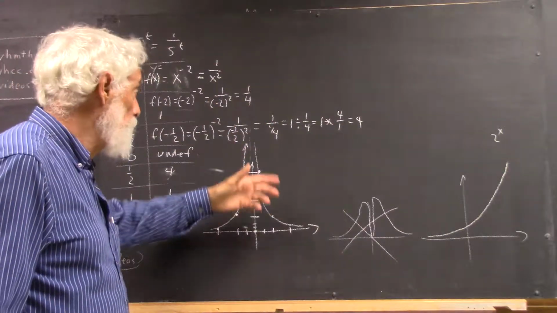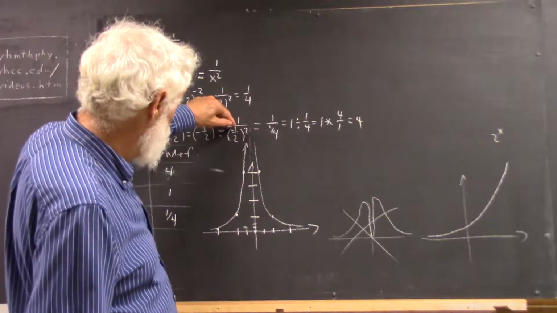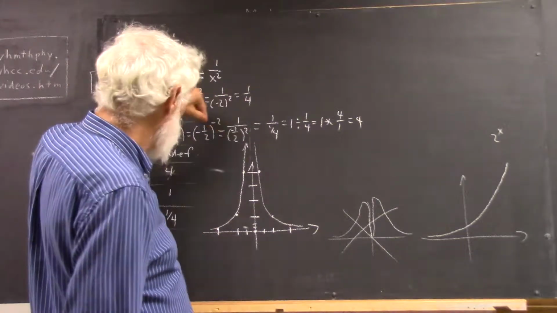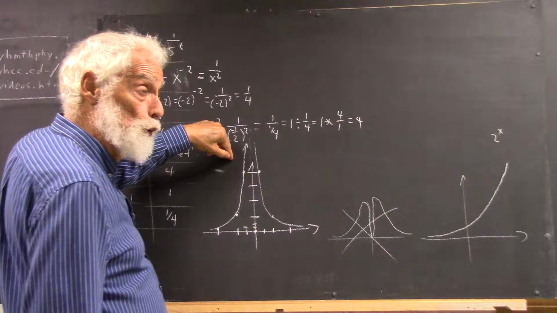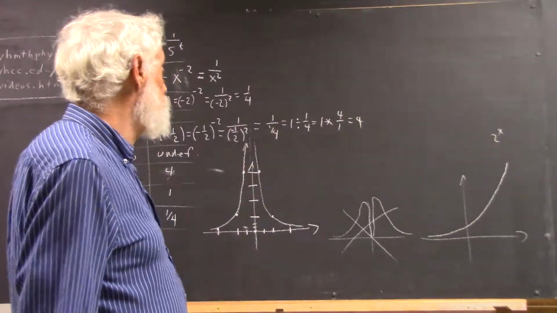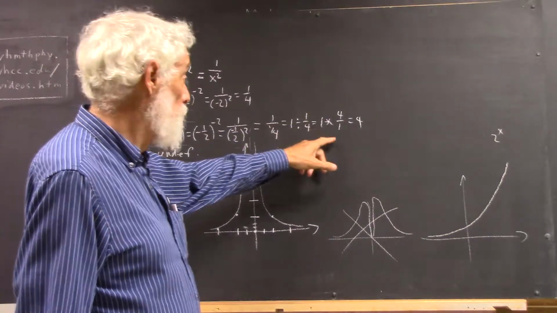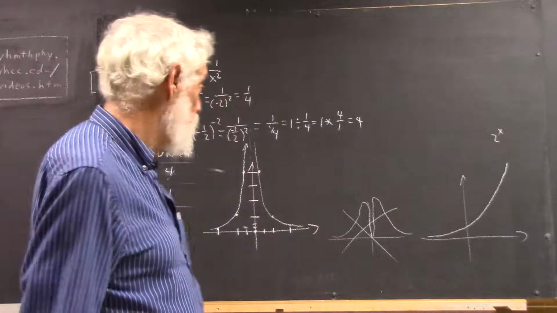That doesn't make any difference because squaring a negative, it's going to end up positive anyway, but I should have written the negative there because that's, of course, what negative 1/2 to the negative 2 means. And that's going to be 1 divided by 1/4, which is 1 times 4 over 1, which is 4.